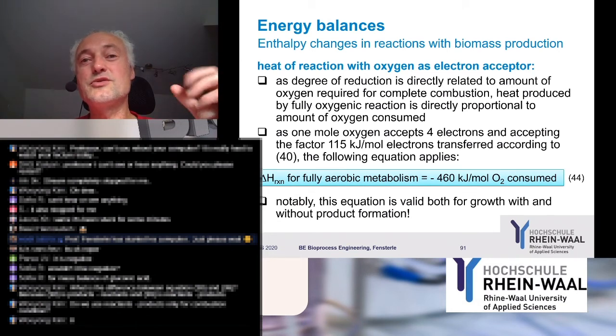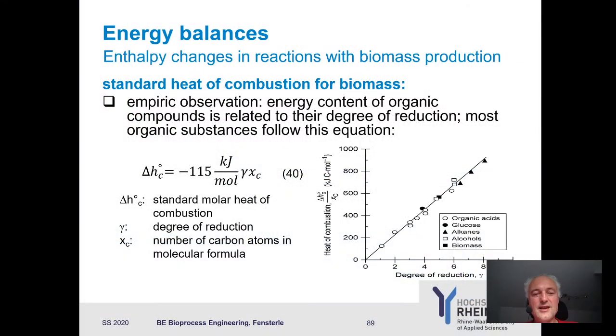So methane is the most reduced organic substance. So at the end, this equation is nothing else than transfer of electrons to oxygen, because combustion is transfer of electrons to oxygen. In other words, in the case of methane, you transfer 8 electrons.